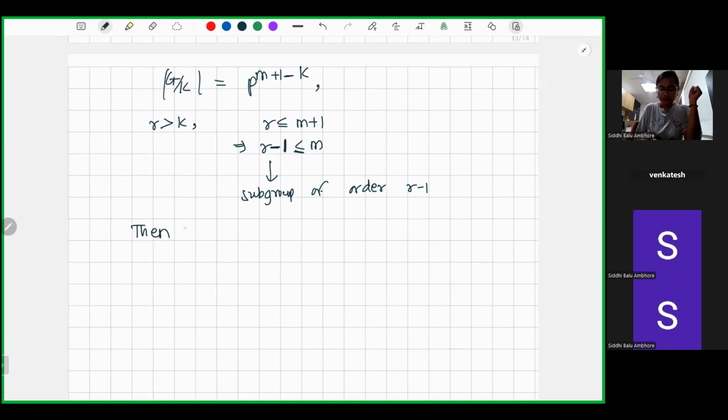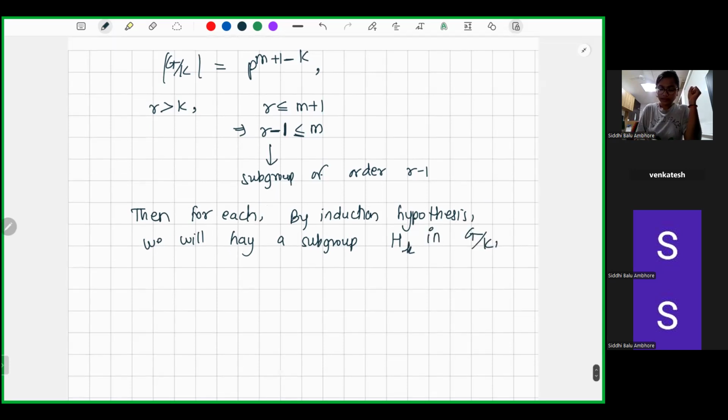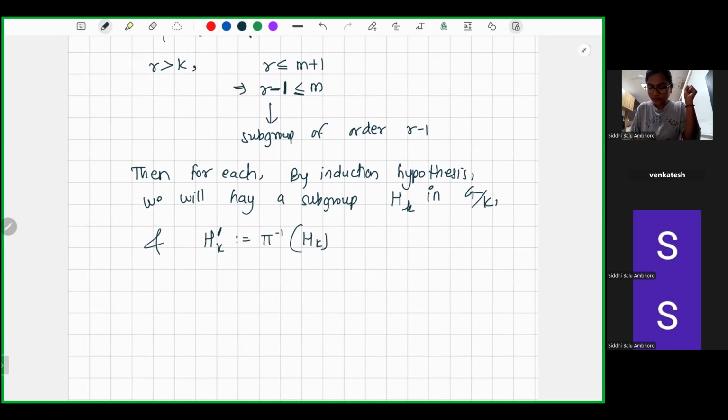Then for each k, by the induction hypothesis, we will have a subgroup Hk in G quotient K. And this H prime, let me call it, will be pi inverse of Hk.